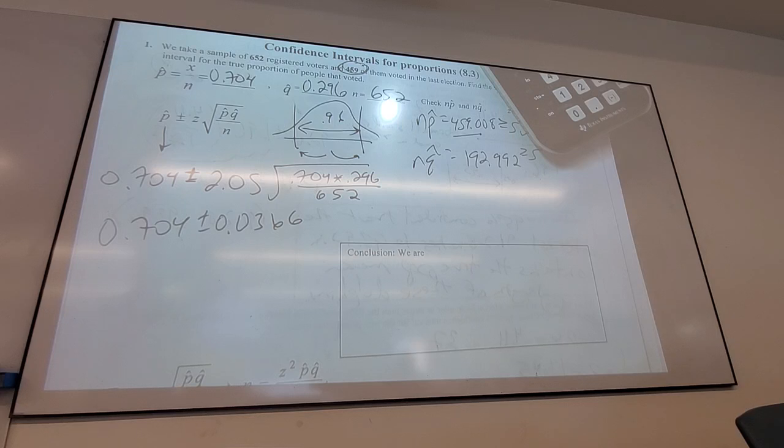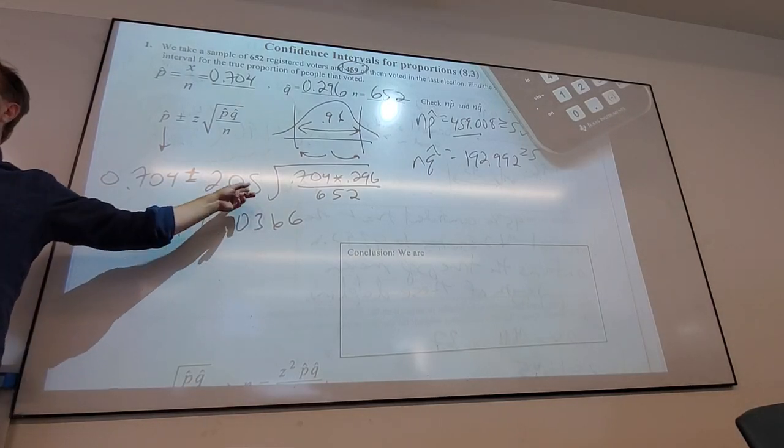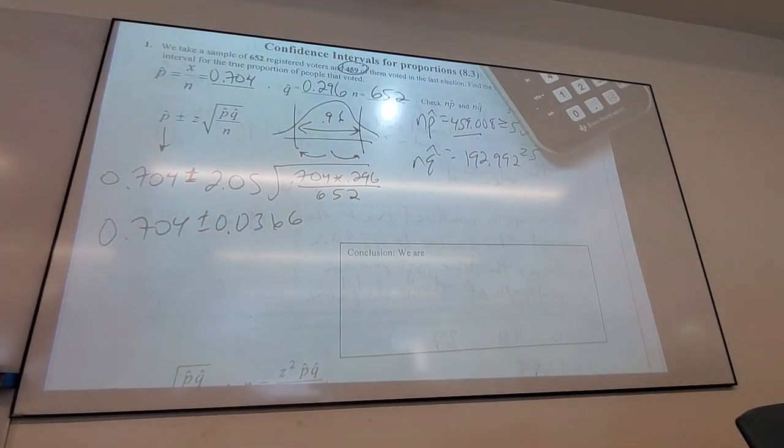If I wanted to decrease my error, what's the most immediate thing I could do? Get a bigger sample. You with me? What's the other thing I could do if I didn't feel like getting a bigger sample? I can lower my confidence level. Do you see how that is not preferred?